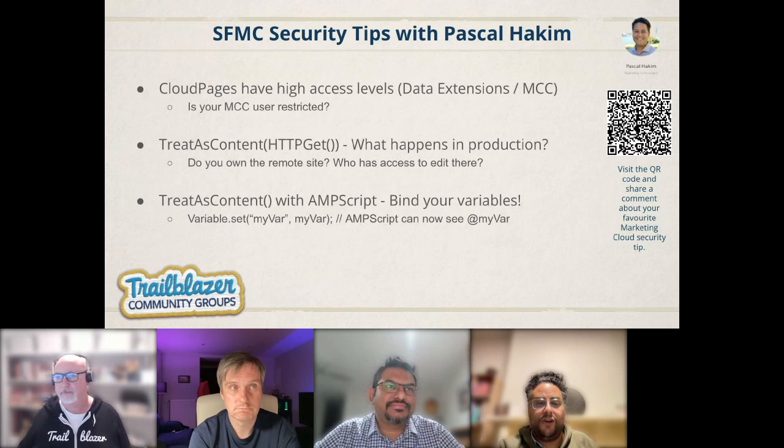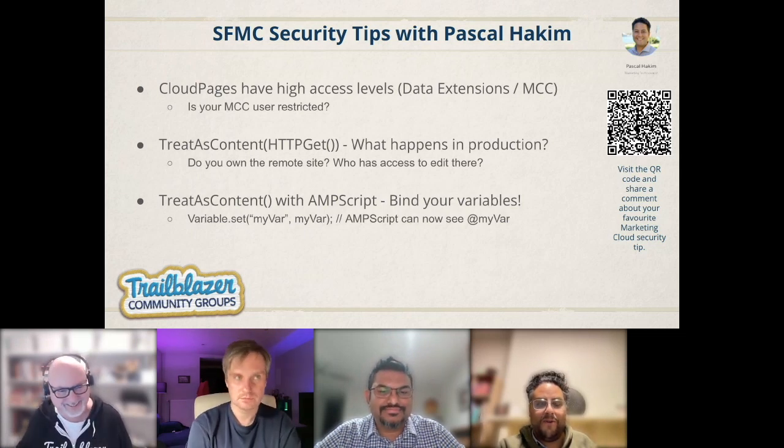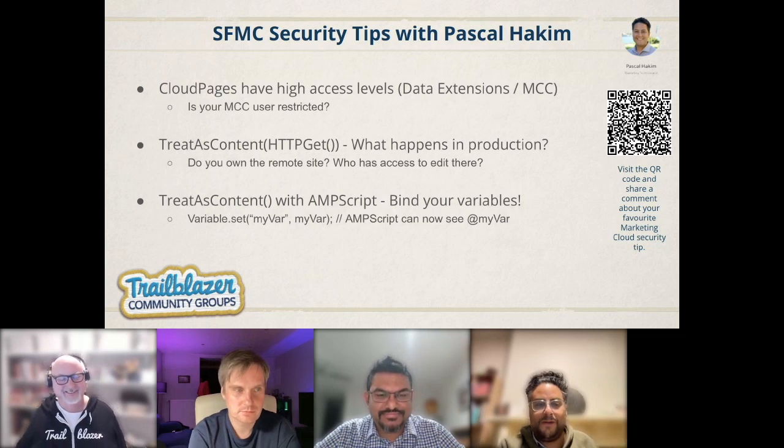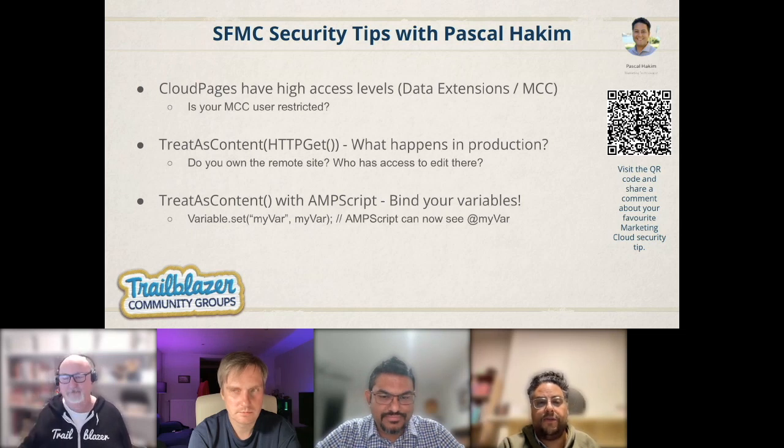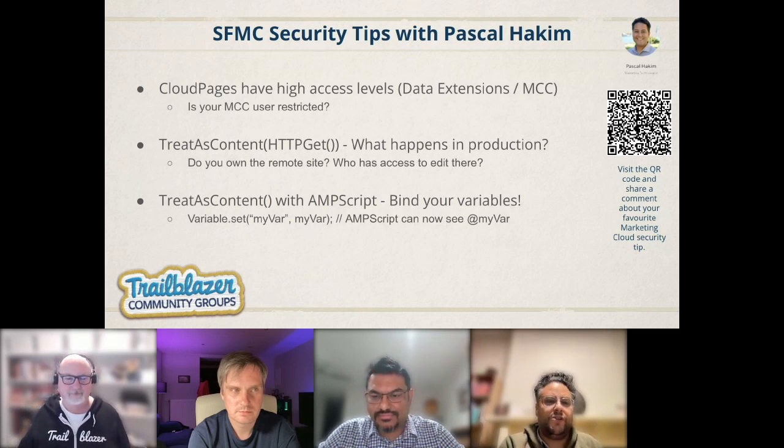Now, obviously, you're not going to do this anymore, and you're going to be very careful about parameters and so on, with all the encryption that we've talked about from others, making sure that your URLs are safe. But beyond all of that, just make sure that that's not happening, because you can literally do a SQL injection attack there like we used to have to deal with 10, 15 years ago. And people don't realize that they've recreated the same problem here by using this combination of treat as content with AMPscript in there.